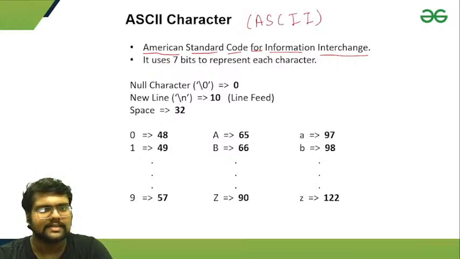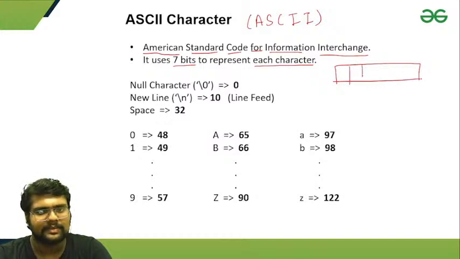Okay, so it is a 7-bit representation of each character. In 1 byte there are 8 bits: 0, 1, 2, 3, 4, then we have 5, 6, 7. So a byte contains 8 bits, and a character is represented by 7 bits.